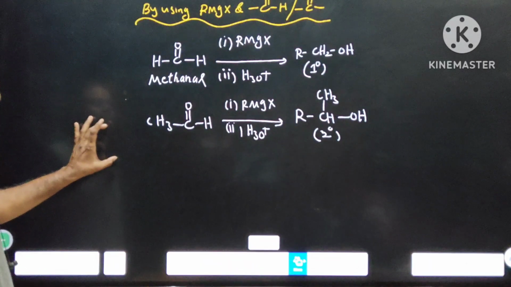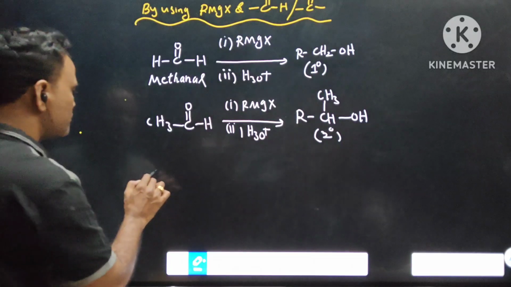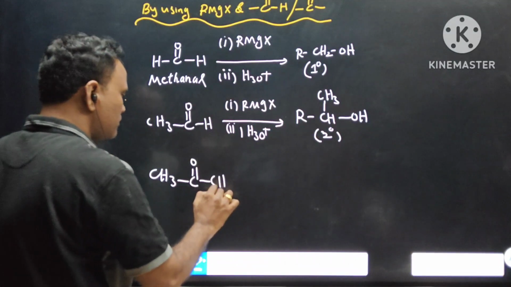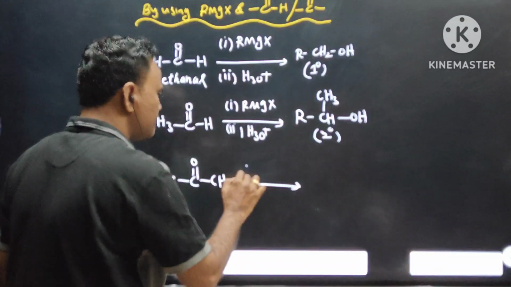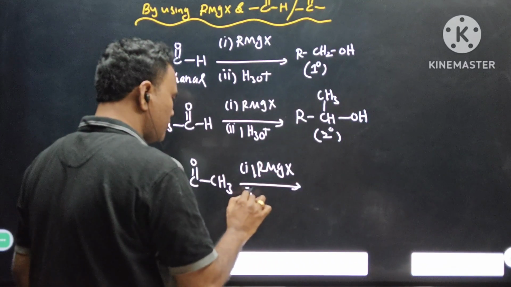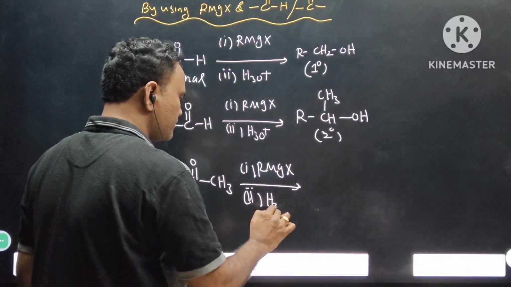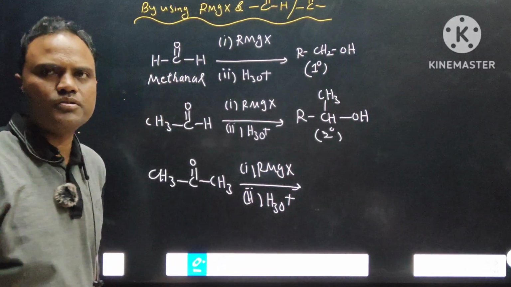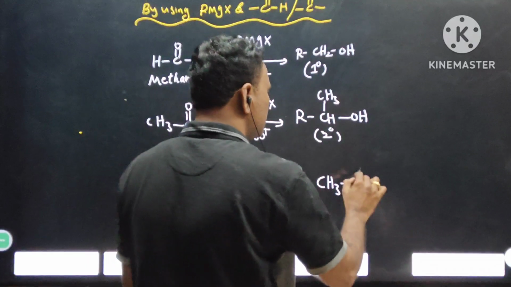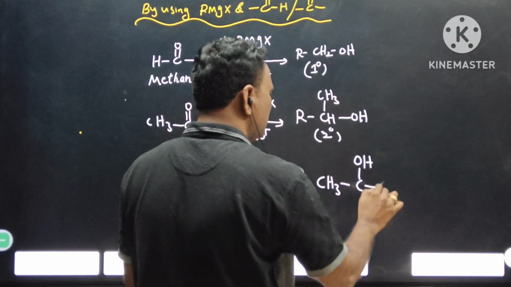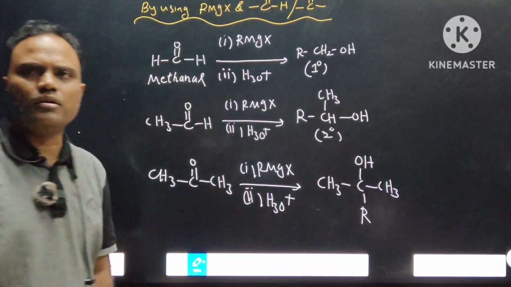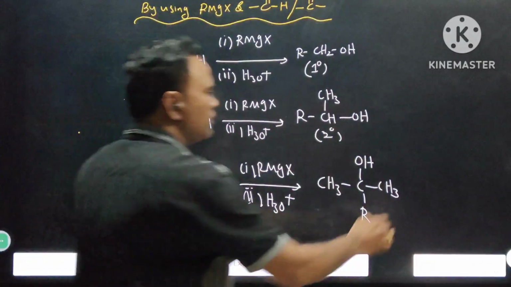Next, acetone. We will discuss mechanisms also. Acetone when treated with RMgX followed by H3O plus gives CH3, OH, CH3 and R, a 3 degree alcohol.